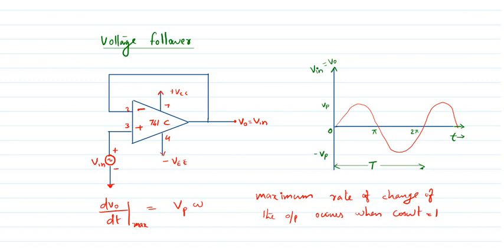Then we get dV0 by dt equal to Vp omega, that is, slew rate will be equal to Vp omega. And we can write the omega term: omega is 2 pi f. So I expand the omega, giving 2 pi f Vp.